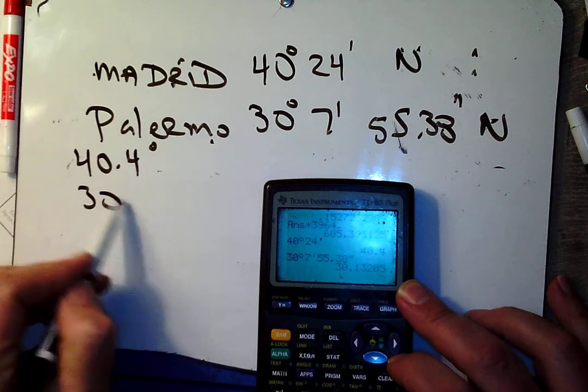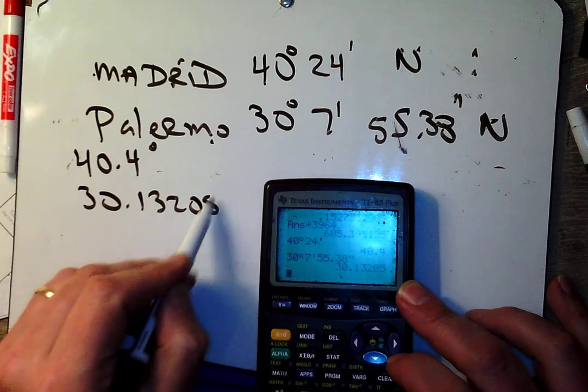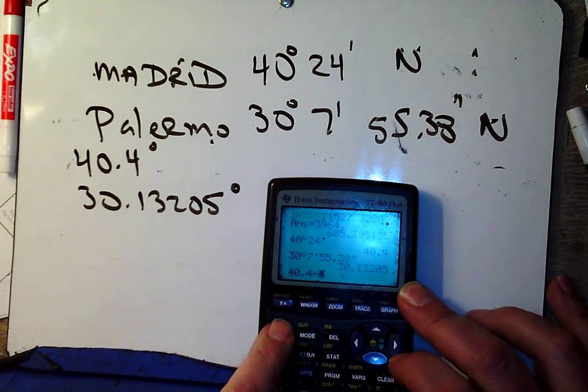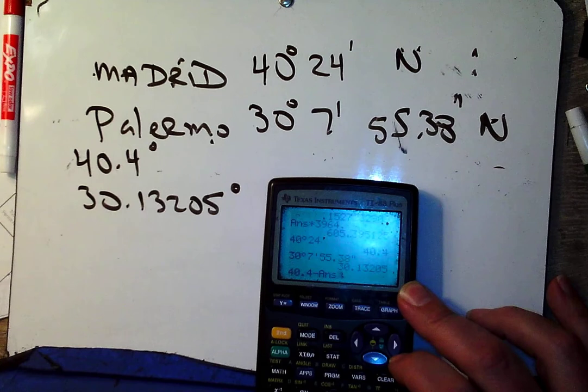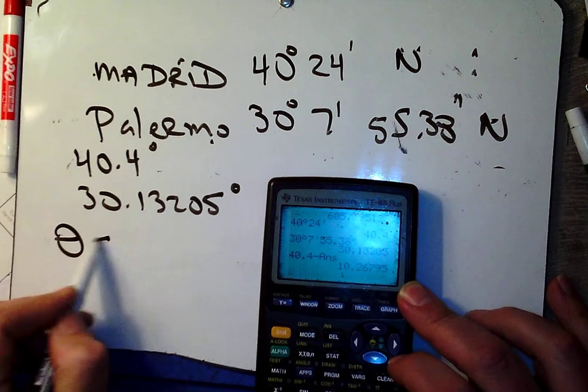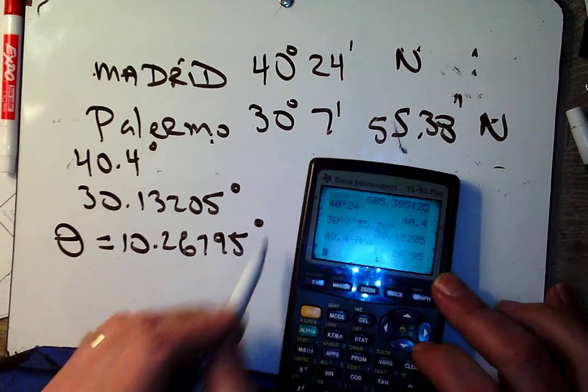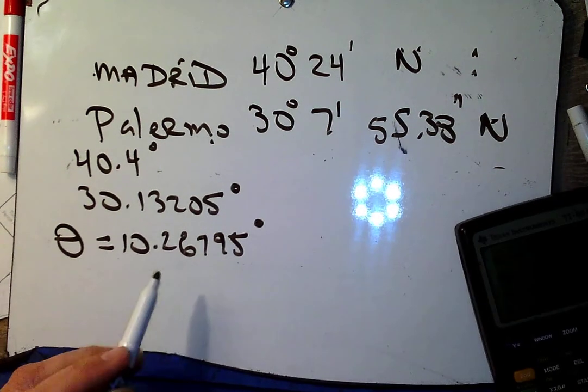And so that's 30.13205 degrees. So I'm going to take 40.4 and I'm going to subtract that one. And that gives me that theta is 10.26795 degrees. There's my theta.